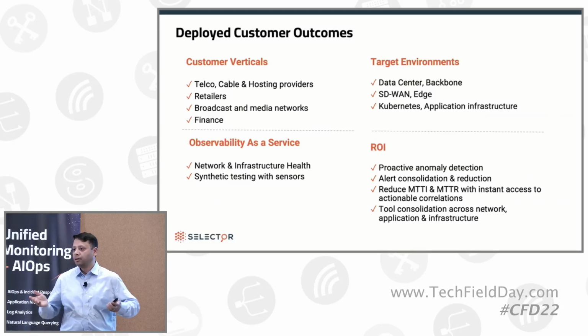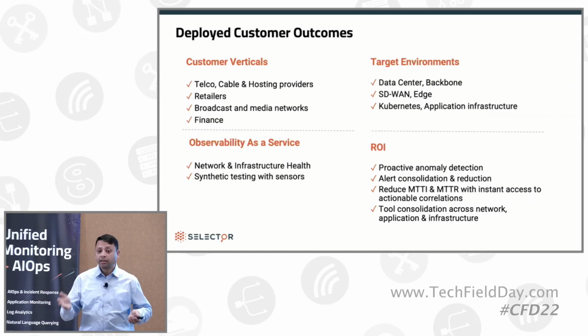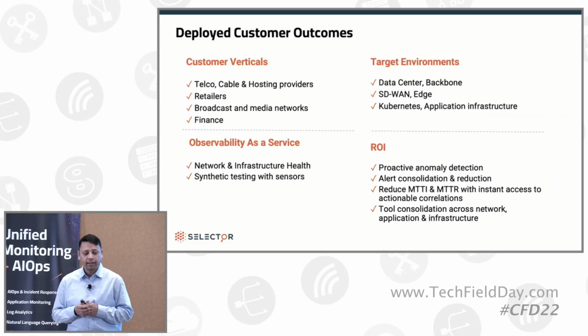If you look at any retail or hotel chain, they have multiple different locations, and they are looking at what is the health of my particular store? What is the health of my particular hotel location? By health, I mean connectivity, reachability to the cloud, and the applications that are running and serving those locations. That single pane of glass was missing in a lot of these places, and we are deployed there.